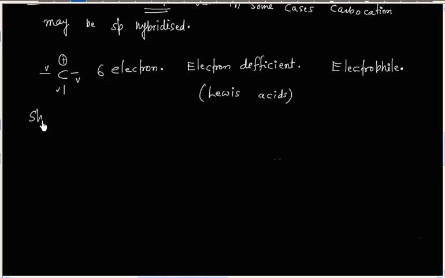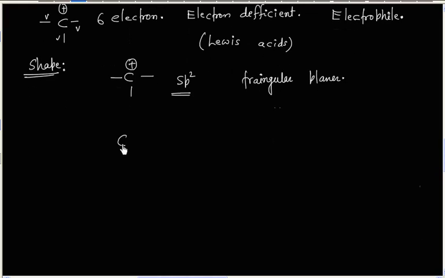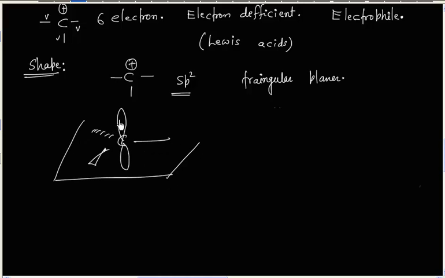Now let us discuss the shape. In general, carbocation is triangular planar in shape because the hybridization is sp2. So we can show the orbital picture. This is the shape of a carbocation and this is triangular planar. So a nucleophile can attack from the top as well as from the bottom.